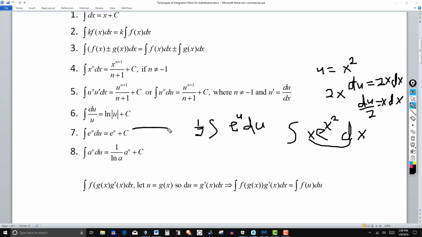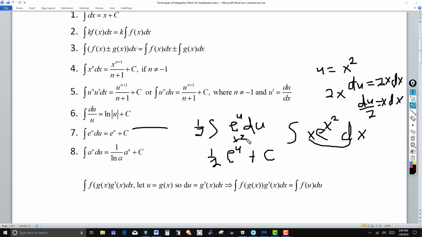And this is then 1/2, and the integral of e to the u is e to the u. Then you have your constant here, times 1/2, which is still a constant, so instead of 1/2 c, I just leave it as c. And then you replace the u by what you started off with. So you always want the answer in the same variable, so this would be x squared here.